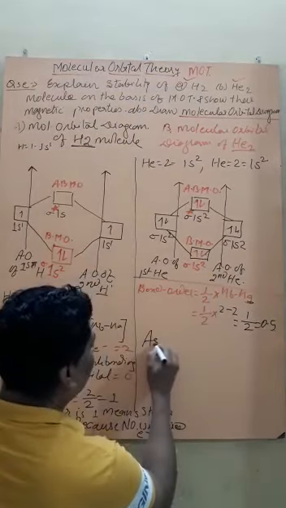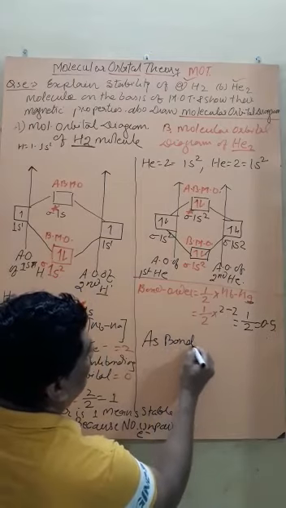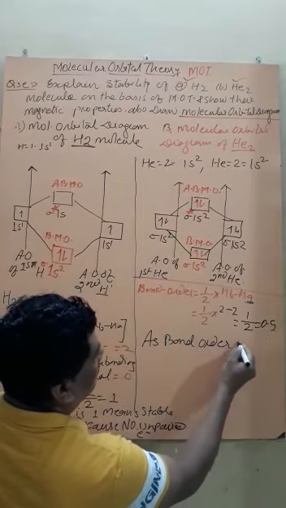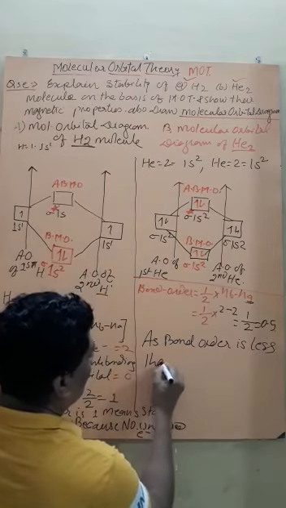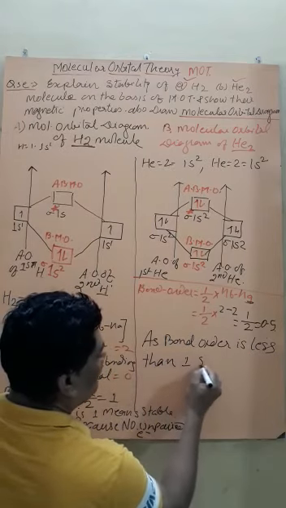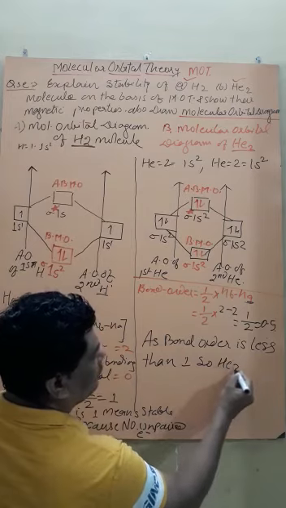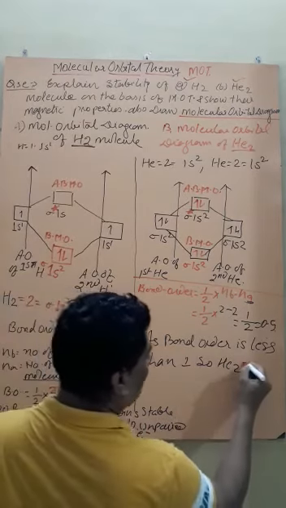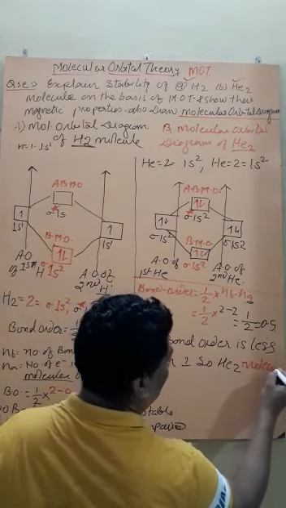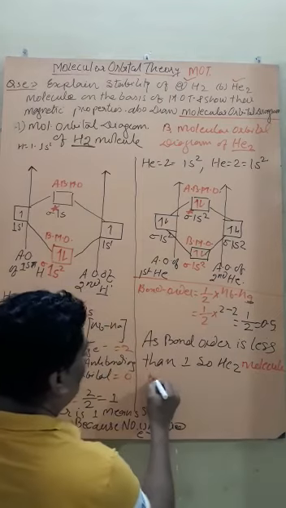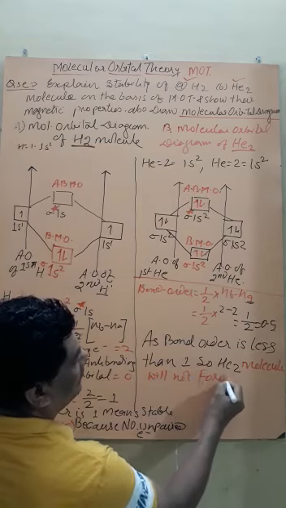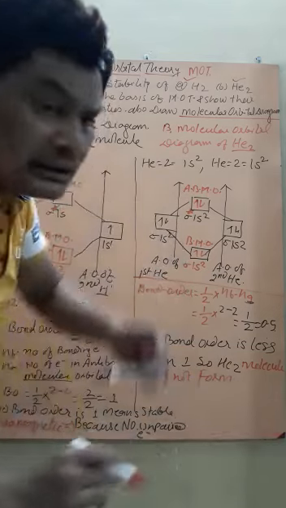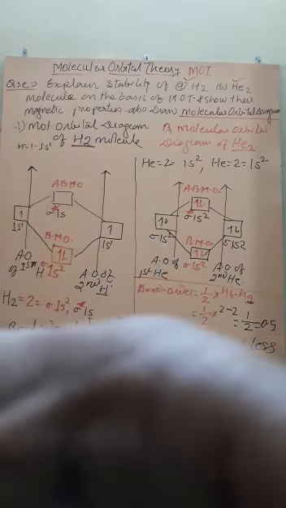So as the bond order is less than 1, the He2 molecule will not form. In this way we can explain the stability and magnetic properties.